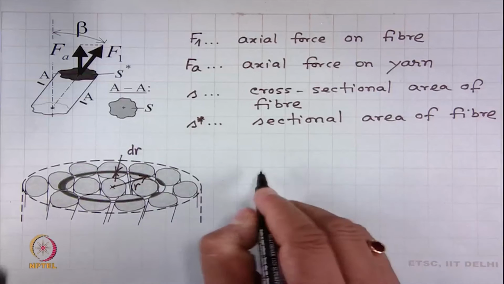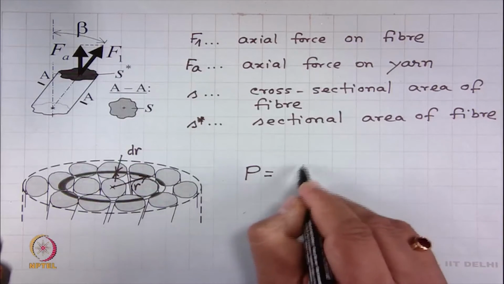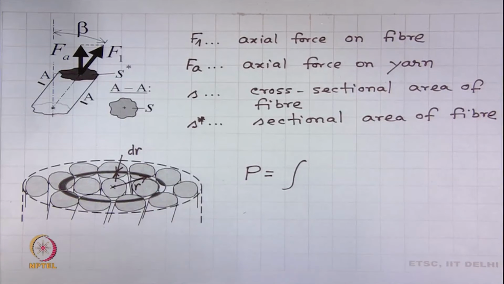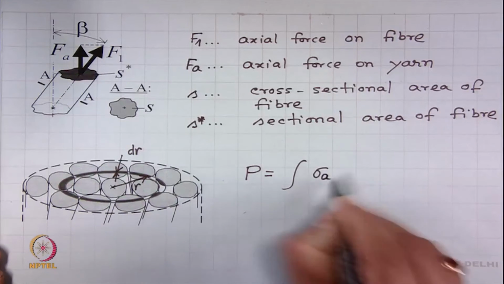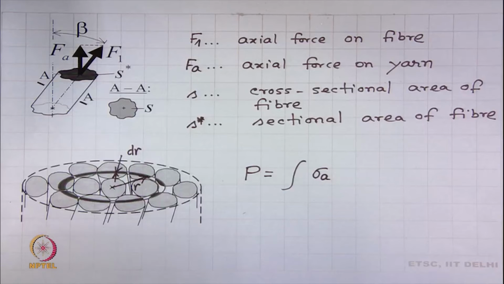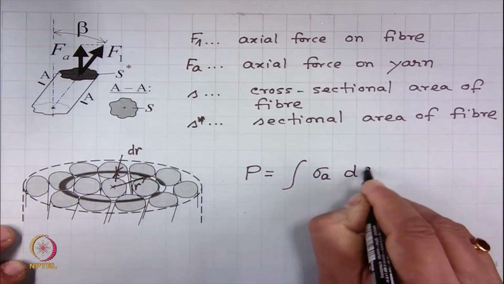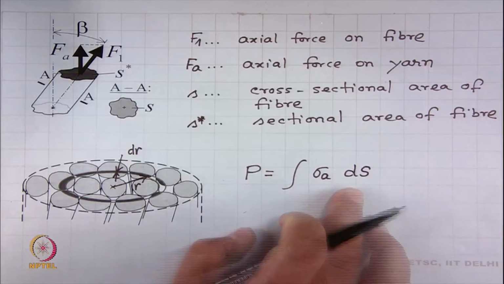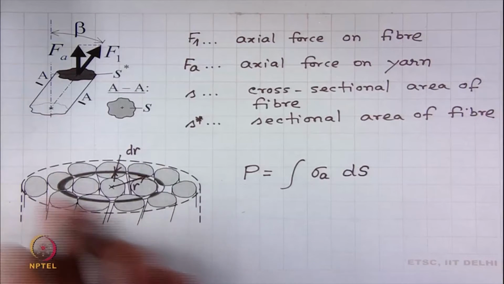So, the total force developed in the yarn is the integration of stress into area. What is stress? Stress is sigma A, stress on one fiber, and the total area available is d subscript S. D subscript S is the area of fibers available in this annular ring.